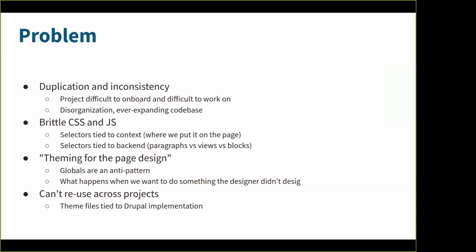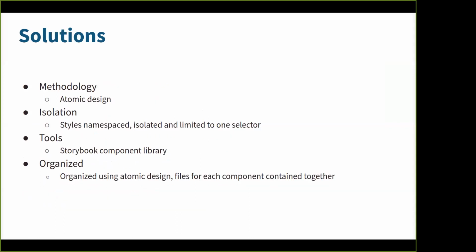Without a component methodology, we can tend to theme for the page, and the result is often assets that can't be reused across projects. Some of the solutions include adopting a consistent methodology for naming and organizing the code base and assets. Emulsify uses atomic design, but there are a lot of other methodologies out there.